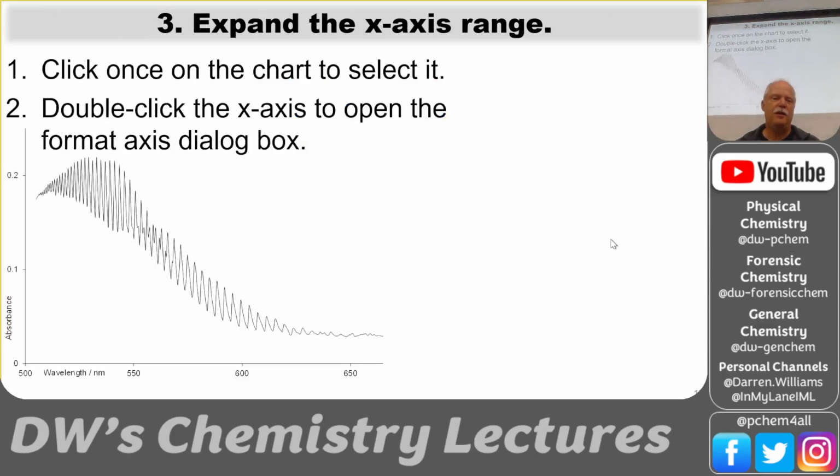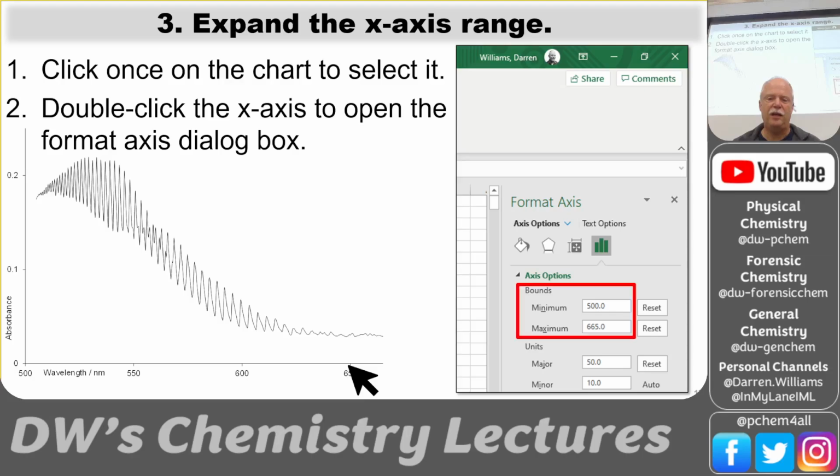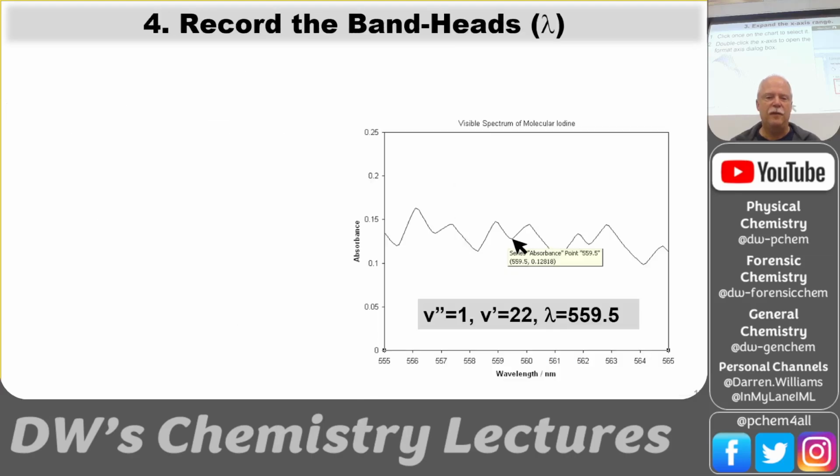Okay. So here's our Excel graph. And you can double click on the x-axis and zoom in. So change that x-axis, really zoom in close. And so then you get this right here. See, I've got 555 to 565, and that's that region. And so this is the one I'm going to start with.